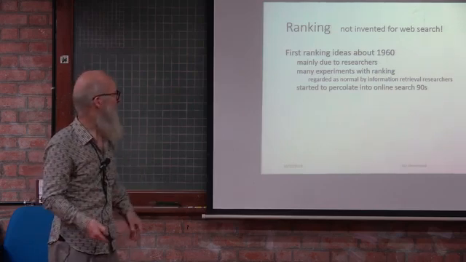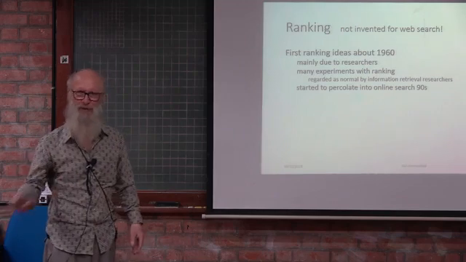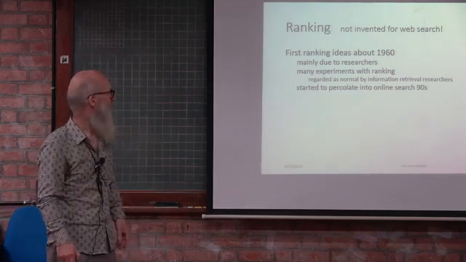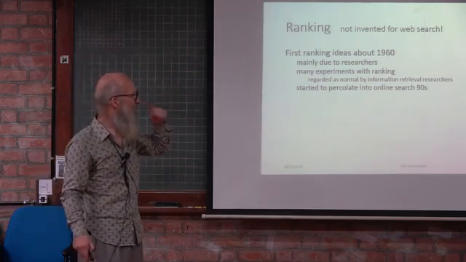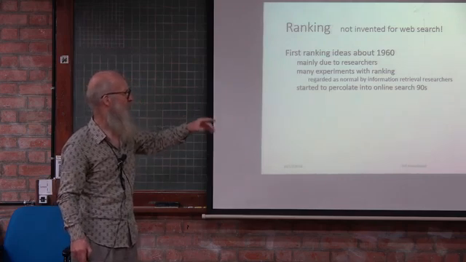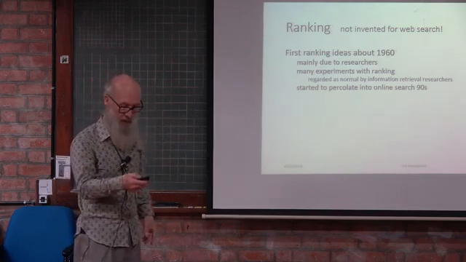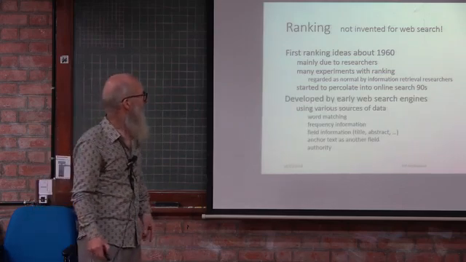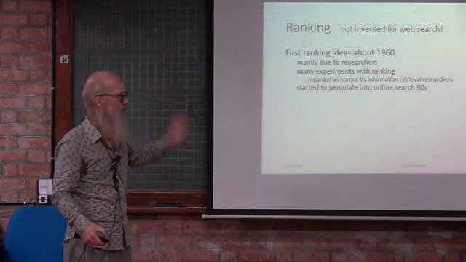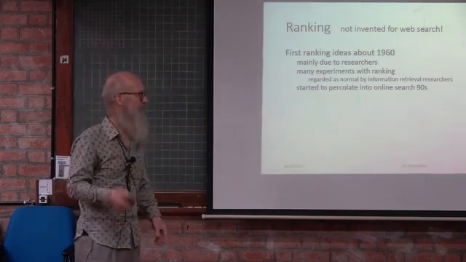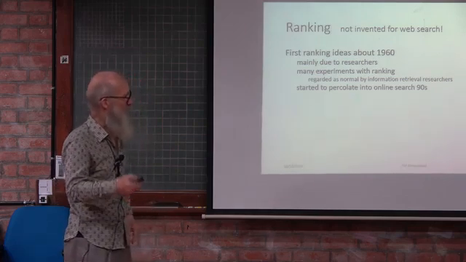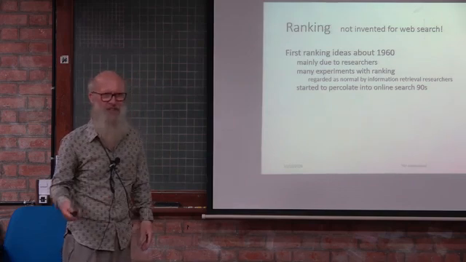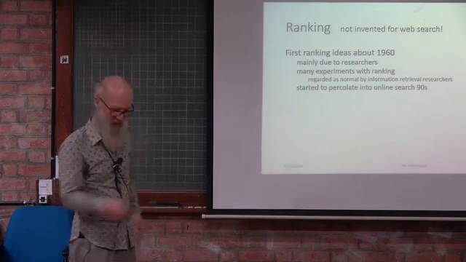All researchers were using ranking systems. None of the commercial systems were, all the researchers were. And the commercial systems just began to do it in the 1990s, but very much later. So just to say a personal word about that, I published my first ranking algorithm in 1976, so that's my kind of involvement in this.